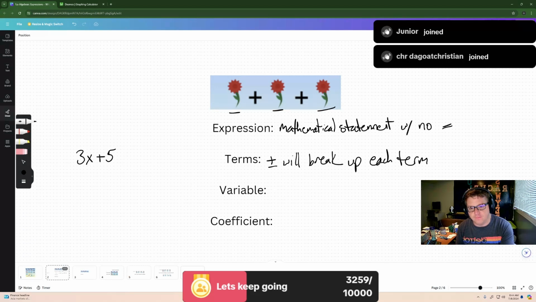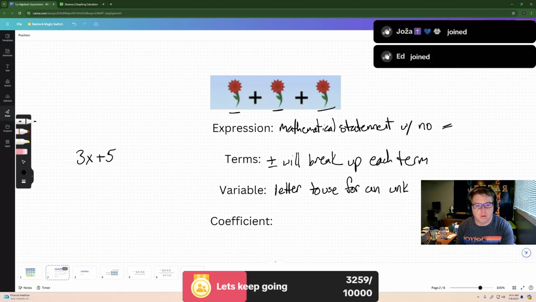Now, when we have a variable, that is a letter to use for an unknown. Now, they don't always have to be letters, but I want to say 99% of the time they're going to be letters, okay?